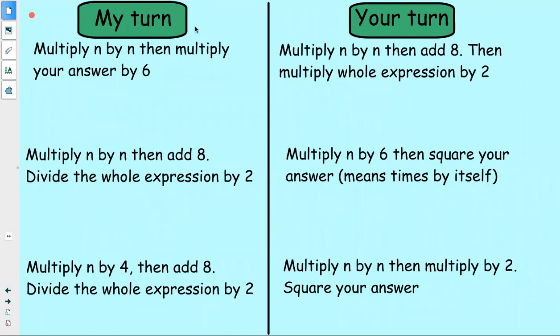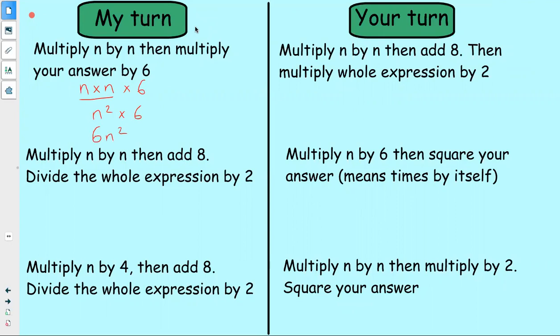Okay, very similar. So my turn, your turn. So multiply n by n, and then multiply your answer by 6. So start off with n, multiply by n, and then I want to multiply my answer by 6. Now again, from previous videos, you know n multiplied by n is n squared. If I multiply that by 6, I would write the number first, it would be 6n squared.